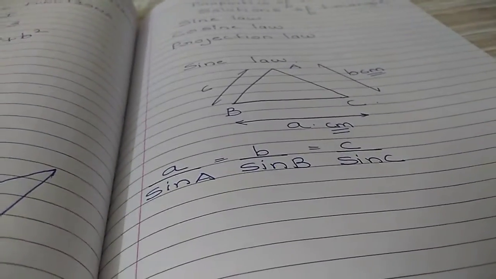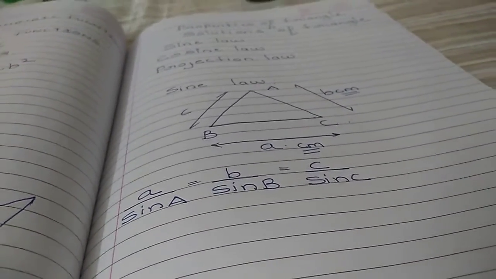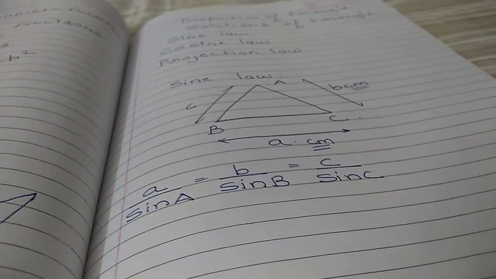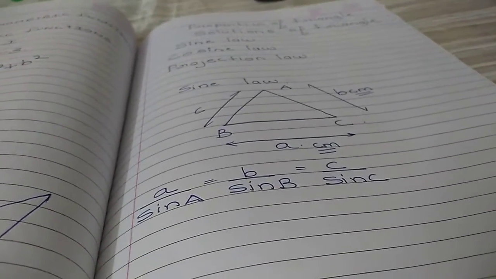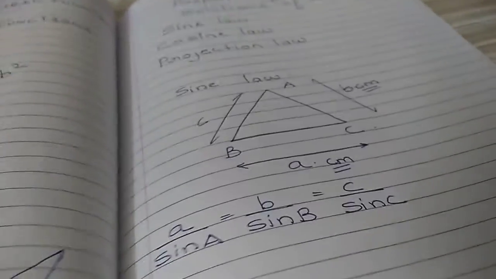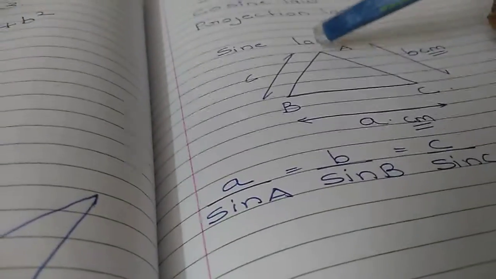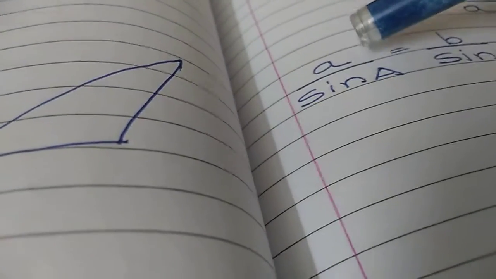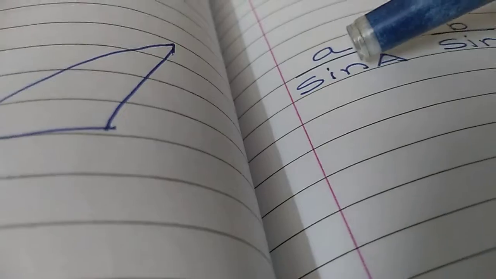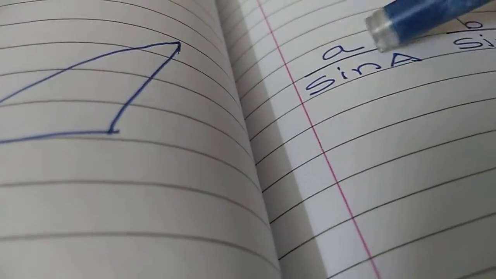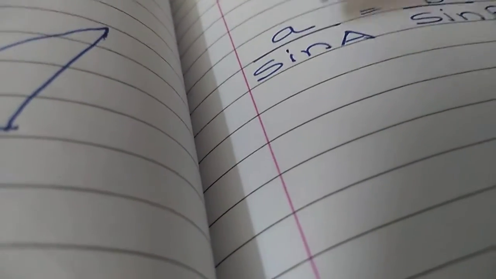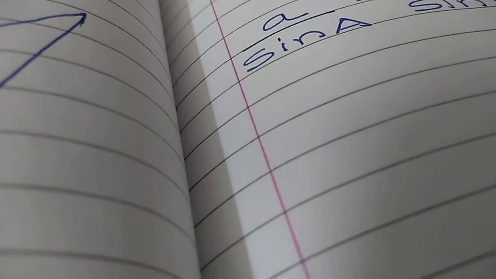It says that in any triangle ABC, the sides are proportional to the sines of the angles opposite to them.